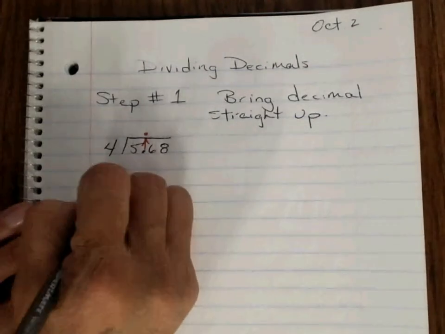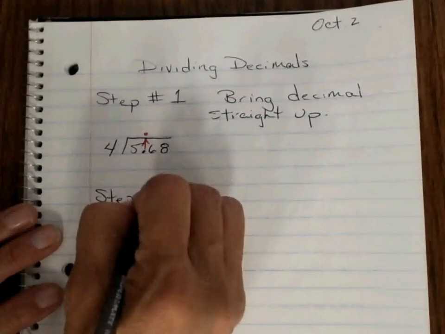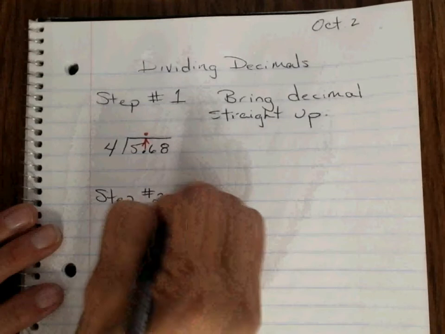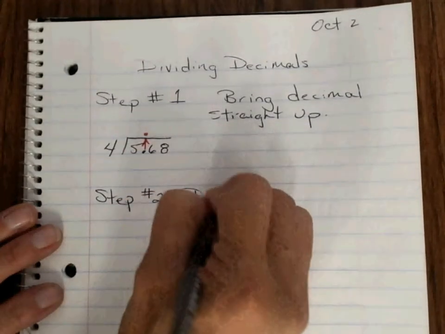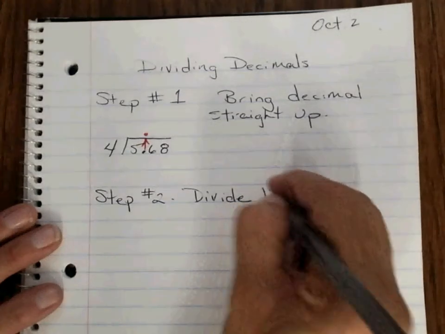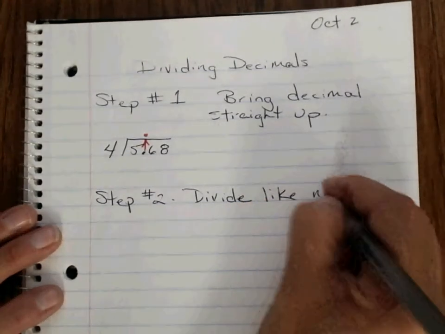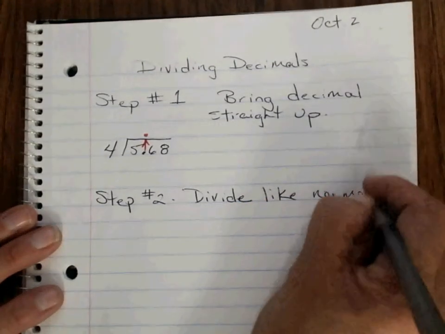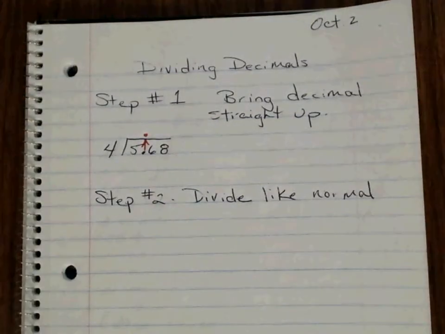So step 2, divide like normal. Okay, we're going to divide like normal.